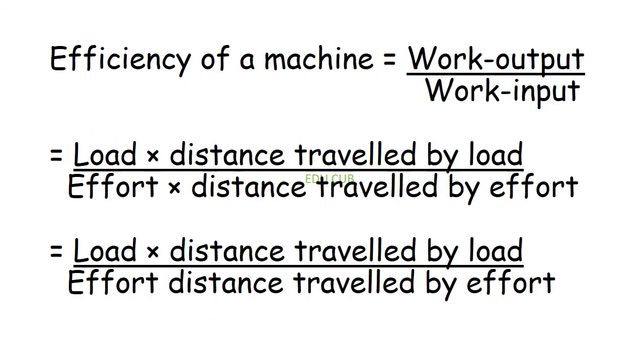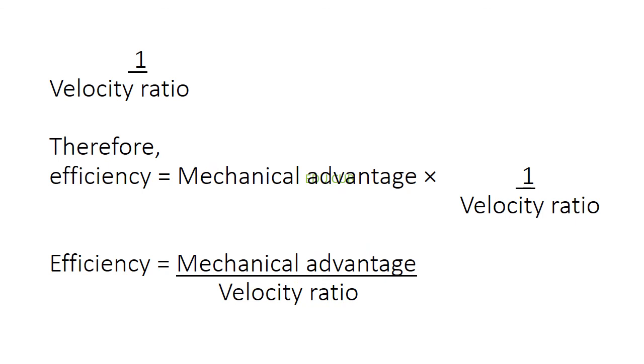Let's see another equation for efficiency of a machine. We can take it by dividing work output by work input. We know work output is load into distance traveled by load. Work input is effort into distance traveled by effort. So 1 over velocity ratio is distance traveled by load divided by distance traveled by effort.